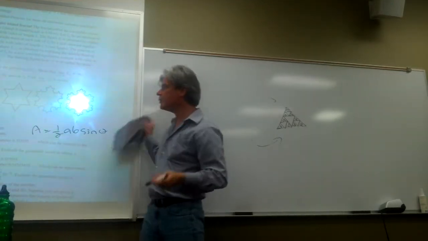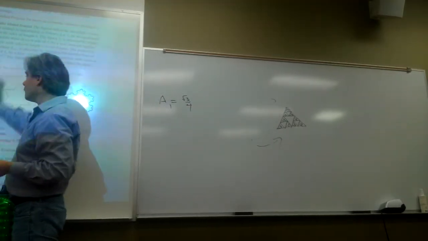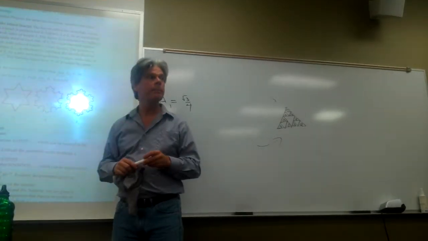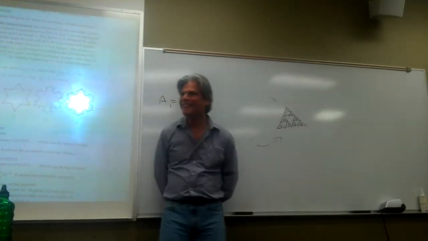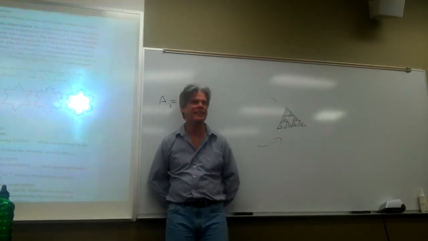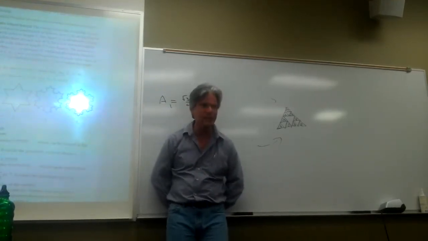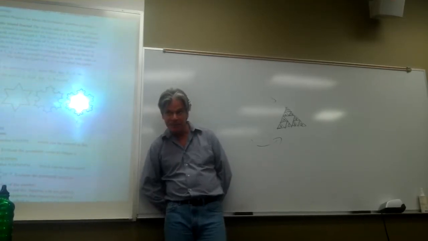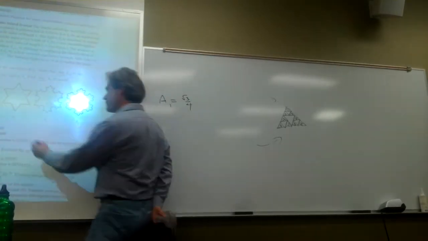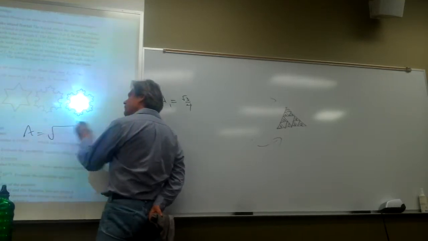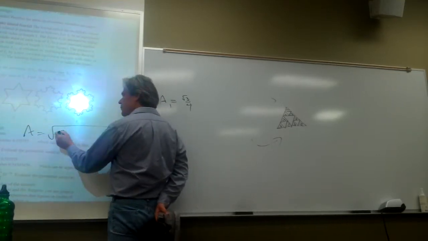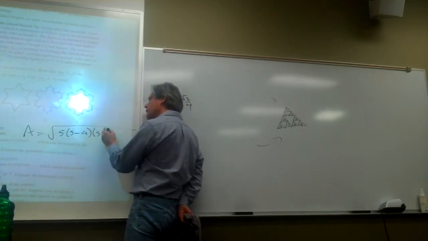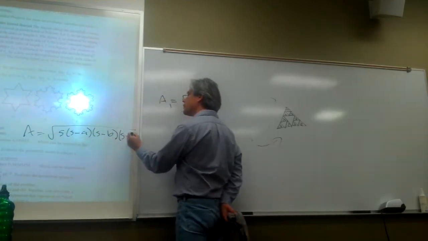Or maybe you didn't use any angles. Without using angles, how would you compute the area of the triangle? We went over this. Heron's formula. Do you remember Heron's formula? Area can be computed as the square root of the semi-perimeter times the semi-perimeter minus one of the sides, times the semi-perimeter minus the second side, times the semi-perimeter minus the third side.